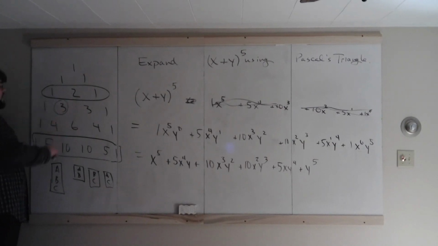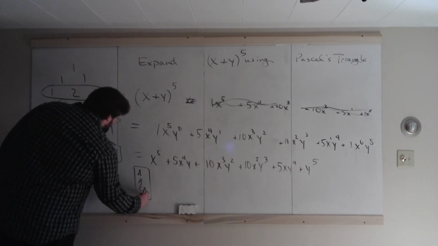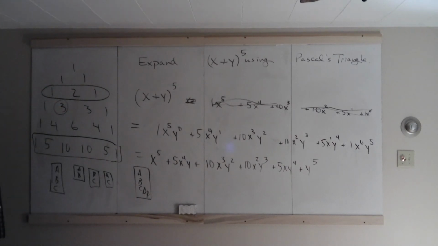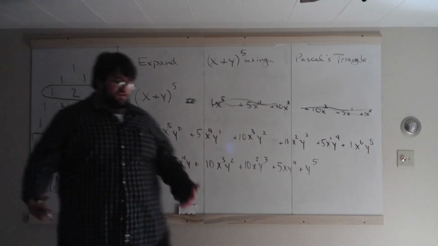This gives you that actual number without having to write them all out. So if you had a set of size 5, so A, B, C, D, and E, and you wanted to know how many subsets of size 3 are there, this tells you there are 10.